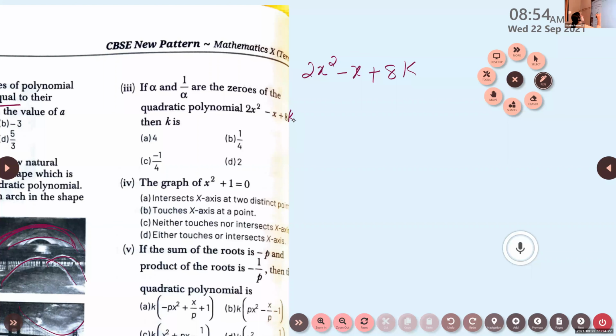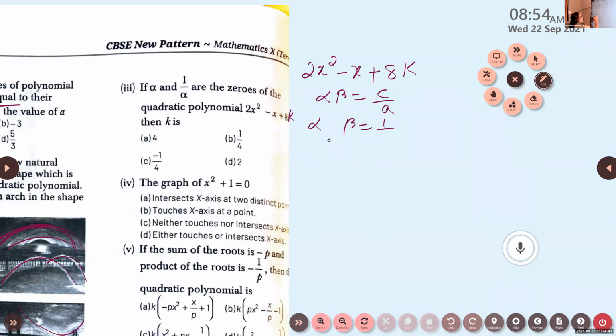Alpha and 1 by alpha. So what is the product? Product is C by A. Alpha beta equal to C by A. Here alpha is alpha itself, beta is 1 by alpha.